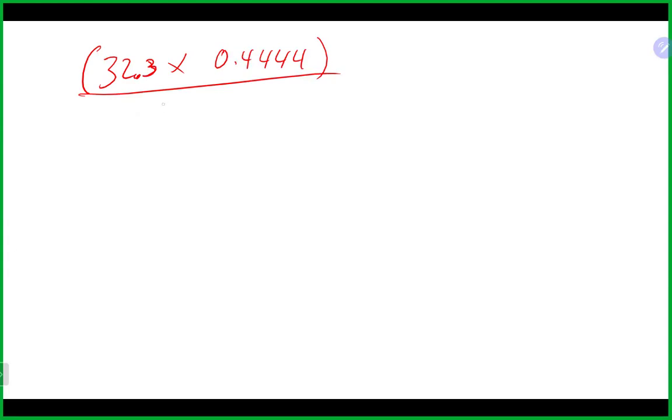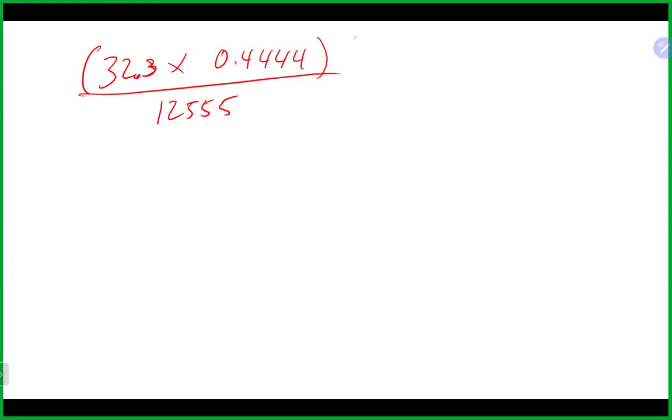Now, if you did multiple operations, so let's just say we have 32.3, and we times it by 0.4444, and we divide it by 12555. In this case, we're doing a lot of things here.